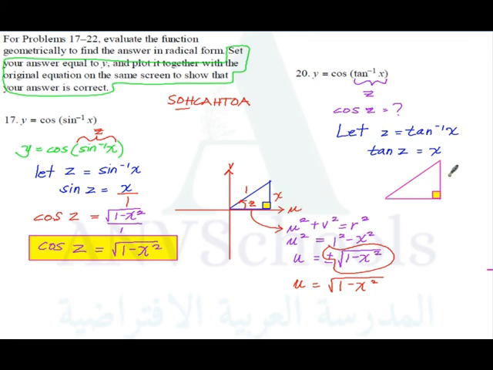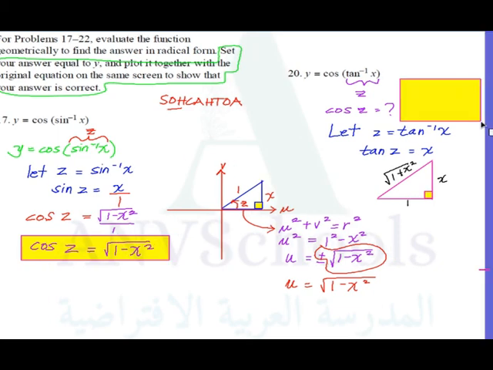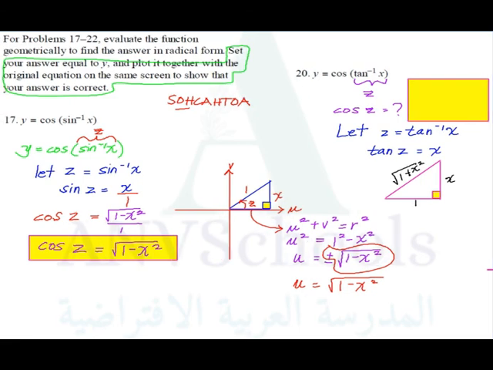And our adjacent is 1, and the hypotenuse of course is the square root of x squared plus 1 squared, or 1 plus x squared. So we're looking for cosine z here. So the cosine of z would be adjacent over the hypotenuse. So in other words, our cosine of z would be equal to 1 over square root of 1 plus x squared. And this is the answer.